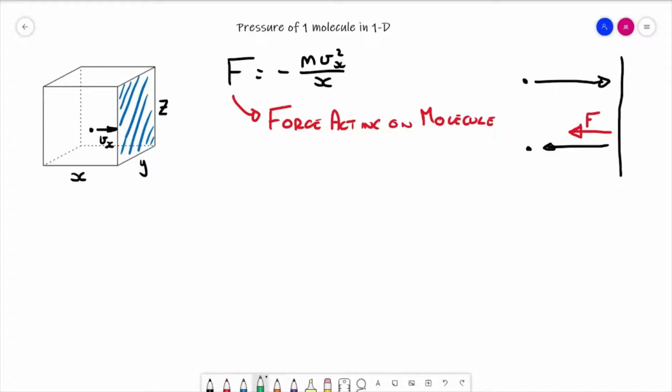And therefore, by Newton's third law, which of course states that for every action there is a reaction of equal magnitude and opposite direction, the force on the wall has the same magnitude F but opposite direction.